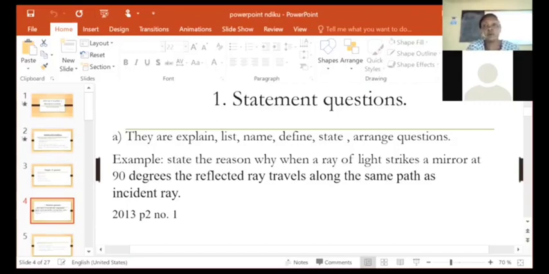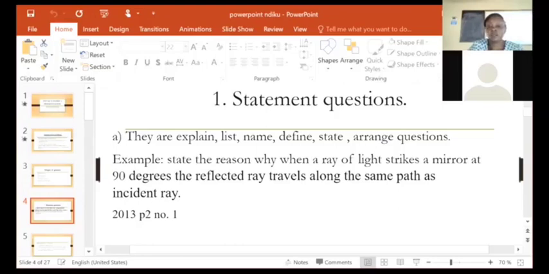We have an example of 2013, paper 2, question 1, a statement question. The question said, state the reason why when a ray of light strikes a mirror at 90 degrees, the reflected ray travels along the same path as the incident ray.